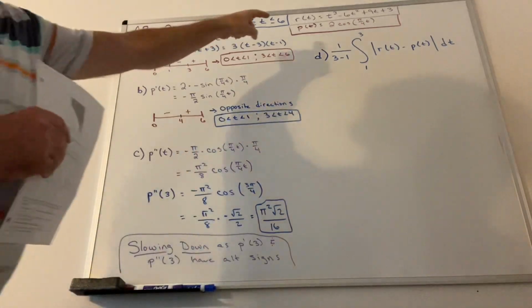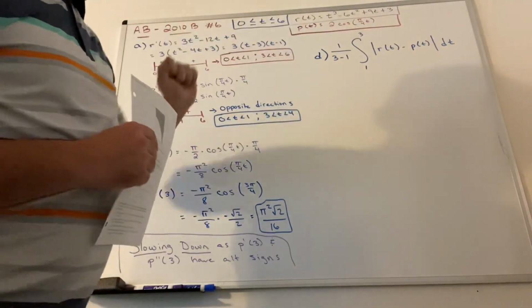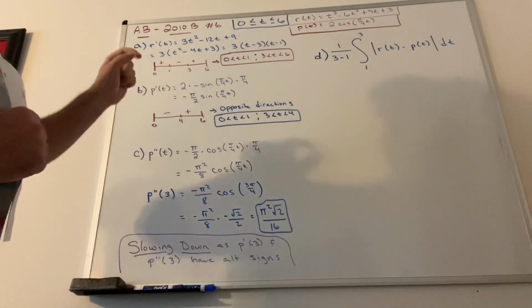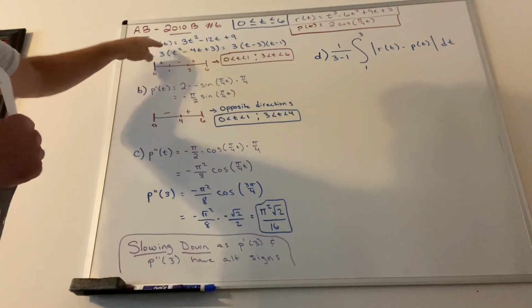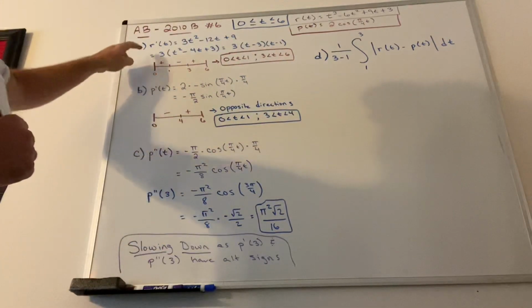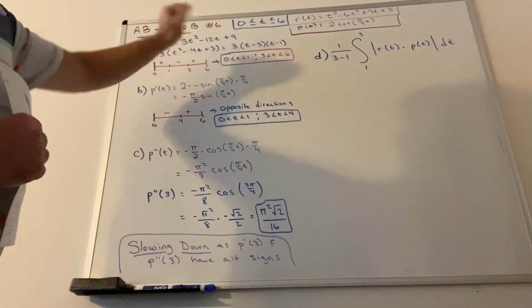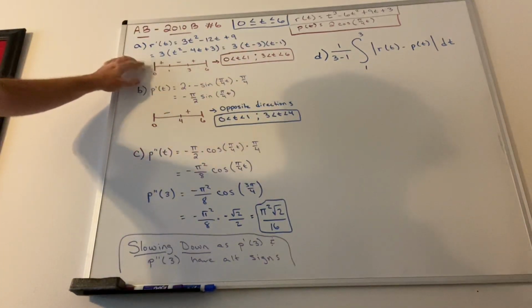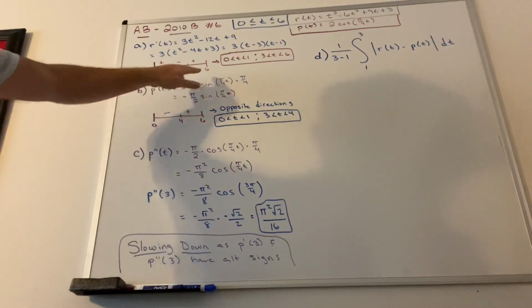Okay, well, if this is R's position function, then his velocity function would be his derivative. So R prime of t is equal to 3t squared minus 12t plus 9. Factor. You're going to make a number line analysis, and you have your end caps, okay?